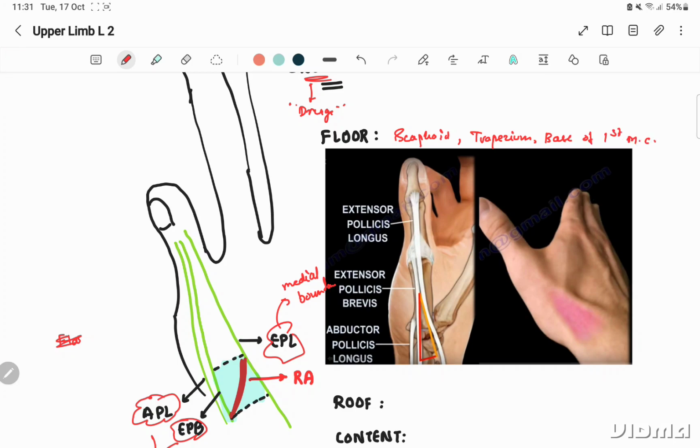The floor is also formed by the tendons of ECRL and ECRB, the extensor carpi radialis longus and brevis, which also pass through the thumb side. This is the floor.